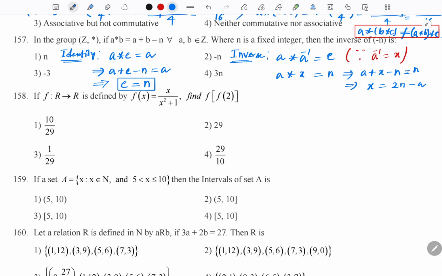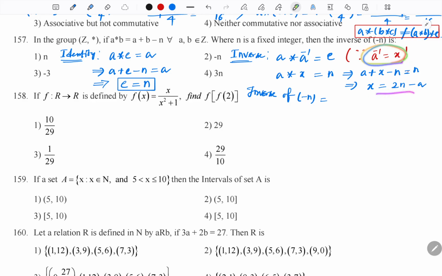And also what is the A value, students? Here according to the question it is inverse of minus n. So the inverse of minus n is equal to x, which is A inverse.